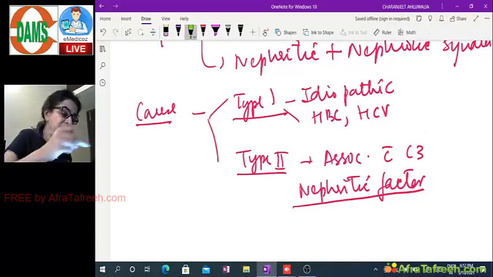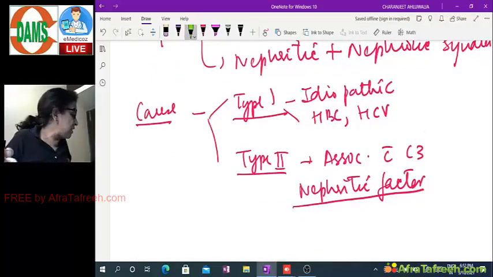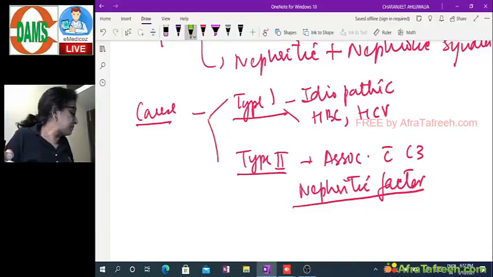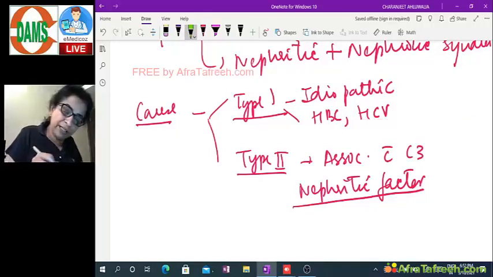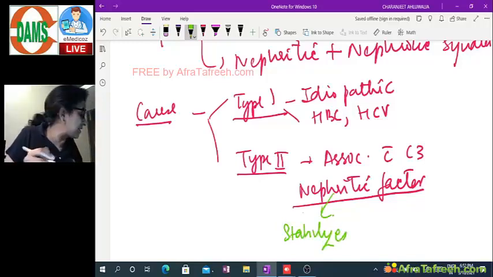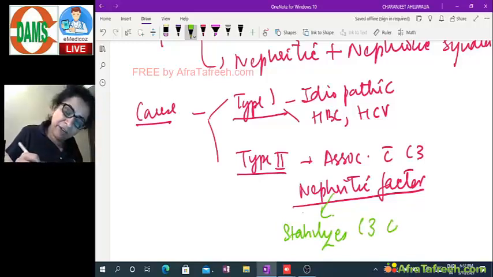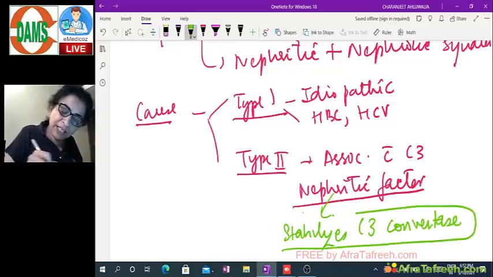This C3 nephritic factor is a protein. It is something that stabilizes C3 convertase.